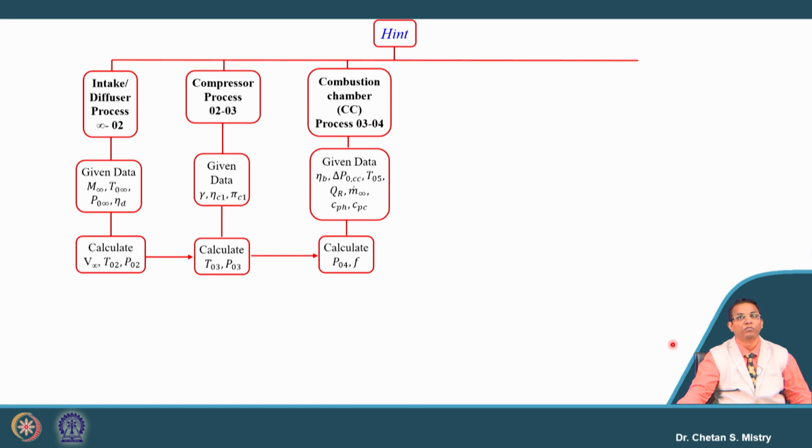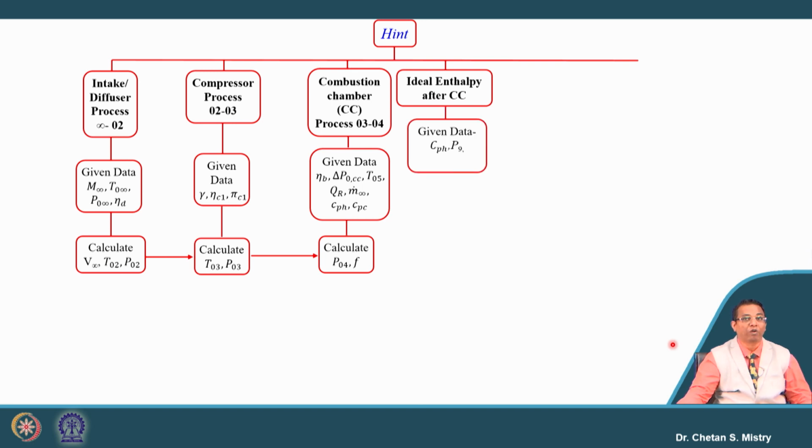Since this is a single spool configuration, we do not have any information on the work distribution, mainly the power required by the compressor and the power required by the propeller. That's why we will take the approach we discussed in the last lecture, with the ideal enthalpy concept.